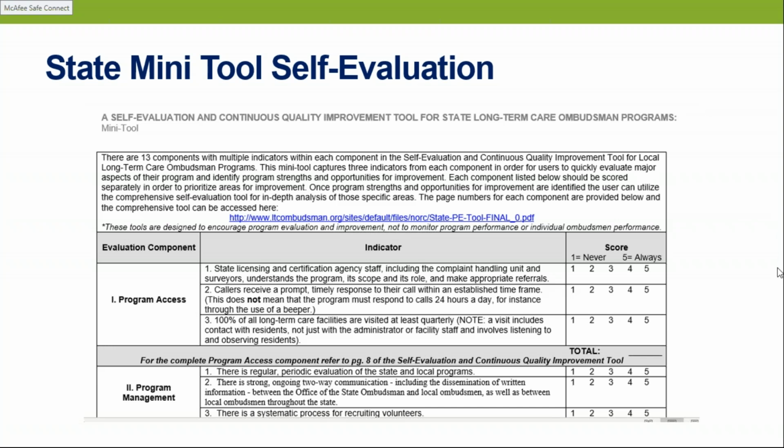Well, some examples that come to my mind are conducting an interview for a newspaper that's going to be distributed in some geographic area of your state, where you're talking about the needs of people in long-term care, and you're promoting an idea, an improvement for the system of care, for example. That could be an effort towards systems advocacy.